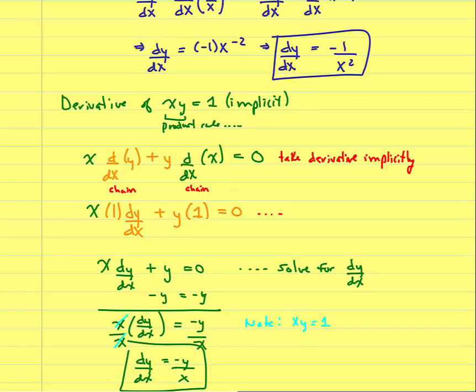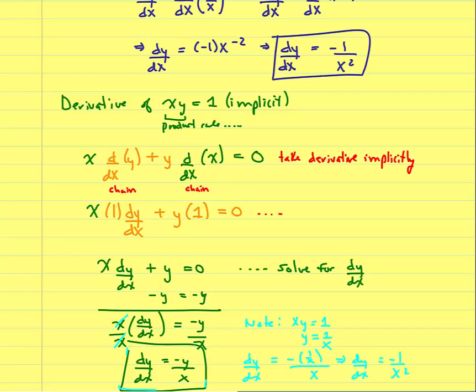Otherwise I just have to leave it in this form, and it's okay in this form. They actually mean the same thing. But let's note, if xy equals 1, y would equal 1 over x. And then if I plug that in here in place of y, if I put 1 over x, I would get dy dx equals negative 1 over x squared. So you can see that they match from up here to down here, but this is its implicit derivative form.